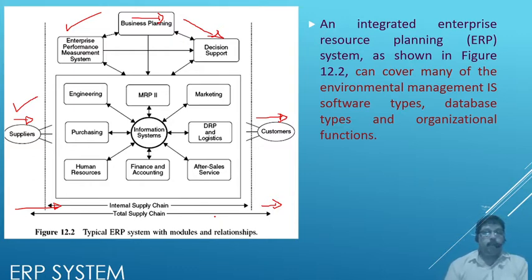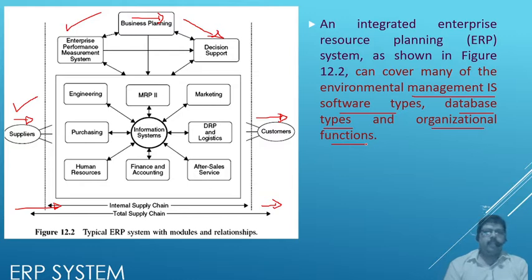The term module may be difficult to understand, but modules are actually software. In olden days, this was maintained manually. Now the ERP system has management IS software and different database types. It covers concepts such as environmental management IS software, different data types and also organizational functions.